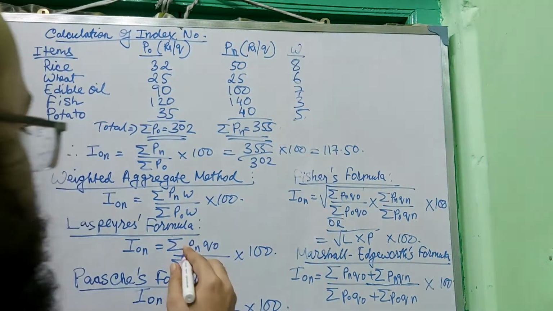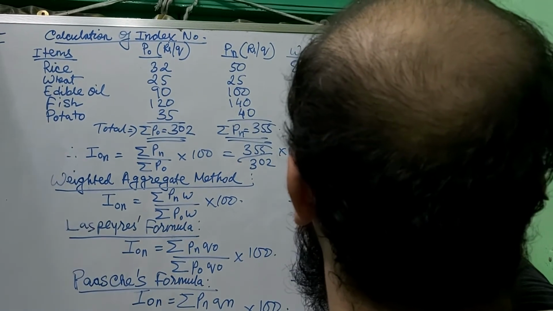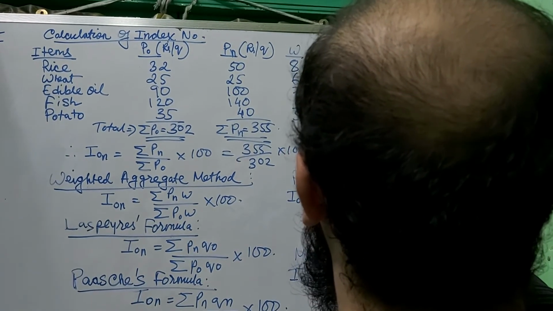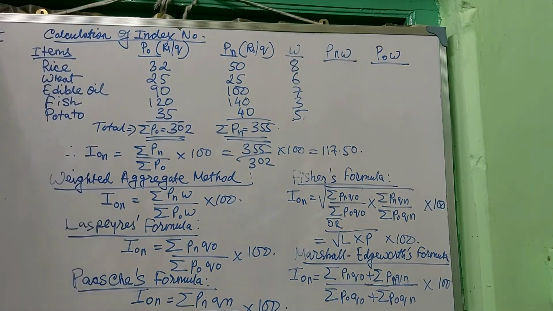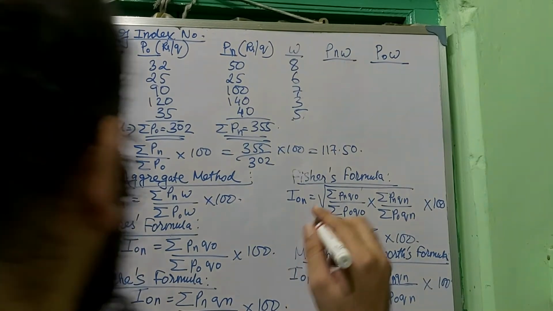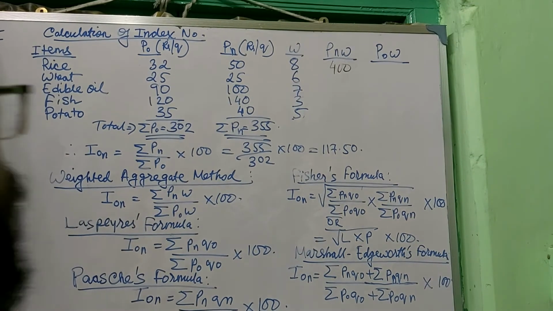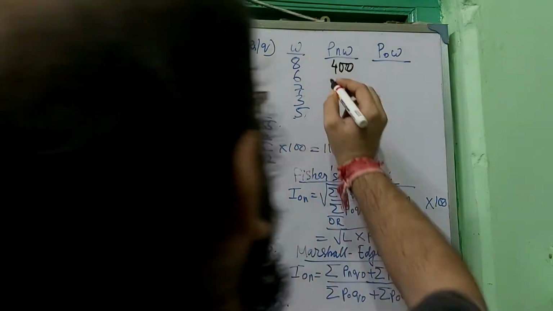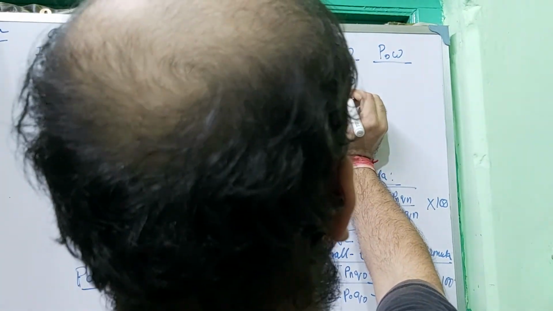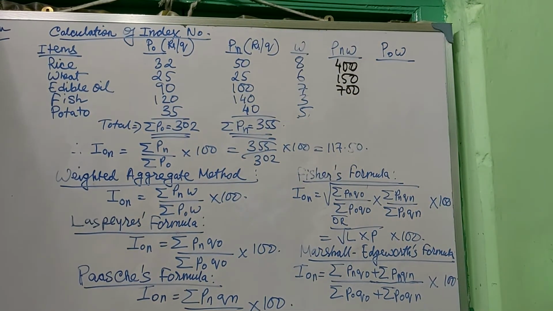Now how can we do it? We need one column for PnW and one column for P0W. For PnW: 50 into 8 is 400. 25 into 6 is 150. 100 into 7 means 700. 140 into 3, 420.